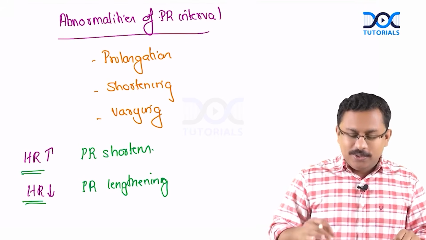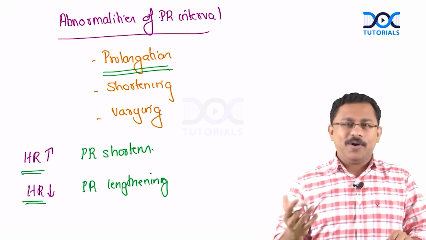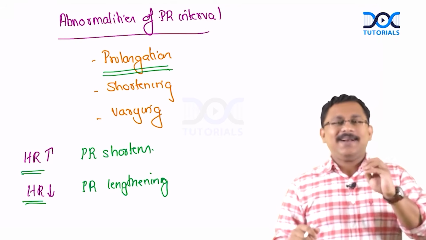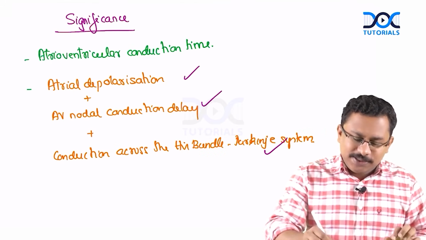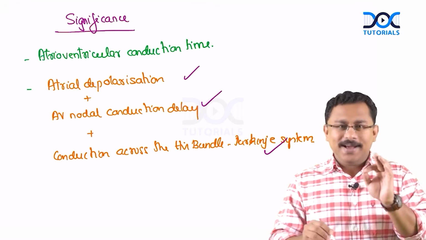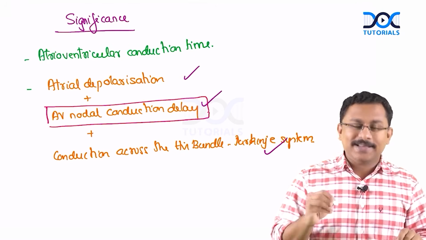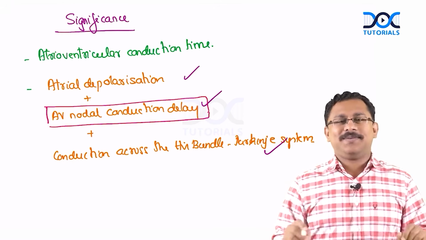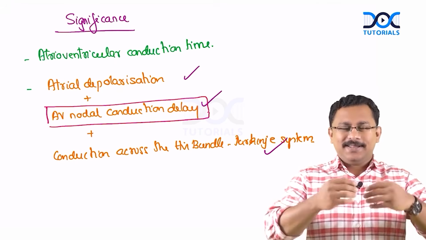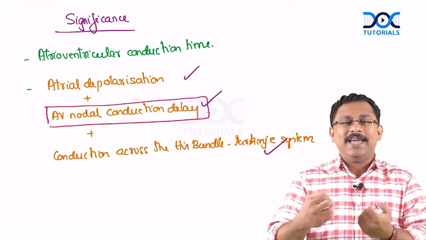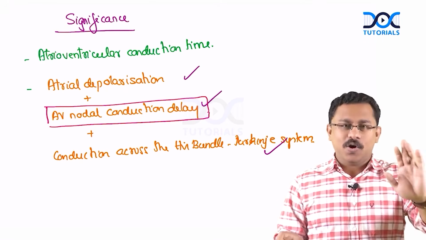Now moving on to the abnormalities. First, let us take the PR interval prolongation. When does the PR interval get prolonged? Out of the three components I mentioned, the AV nodal conduction delay is very important, because if there is a further delay in conduction across the AV node, the PR interval will get prolonged.